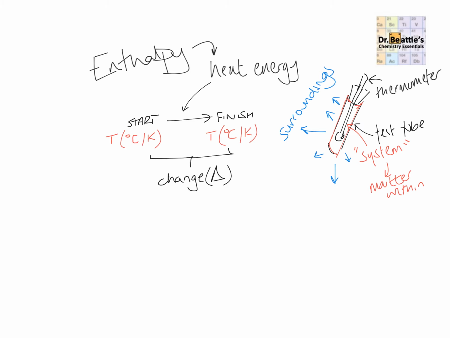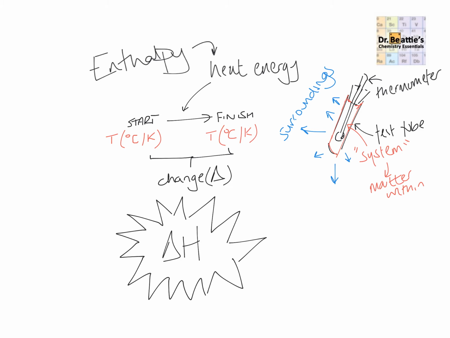And all of this leads to delta H. And delta H, or the change in enthalpy, has the units of kilojoules per mole. And at A-level, we show this as kilojoules mole to the -1 reciprocal.